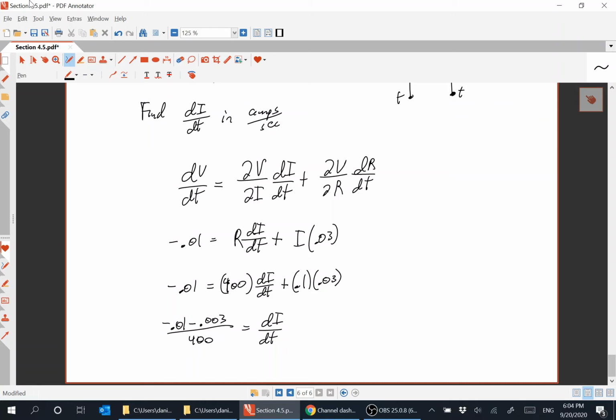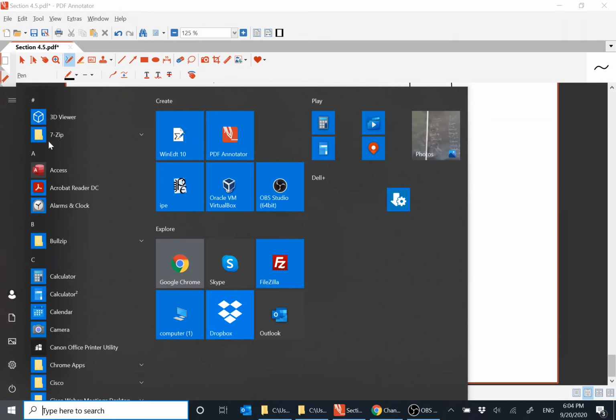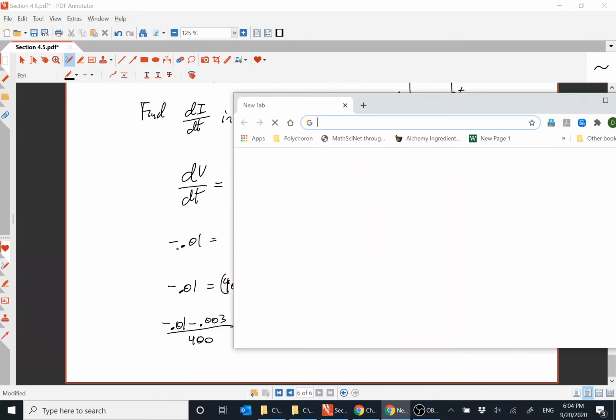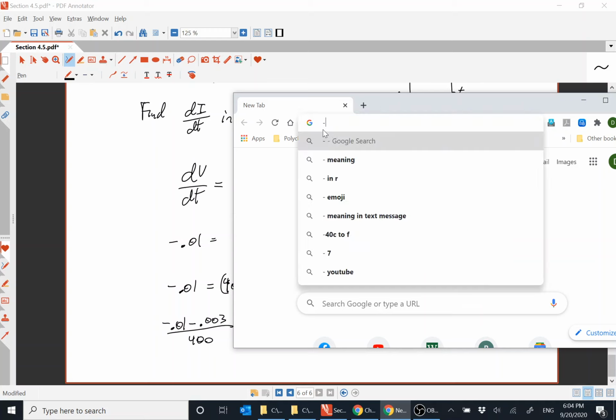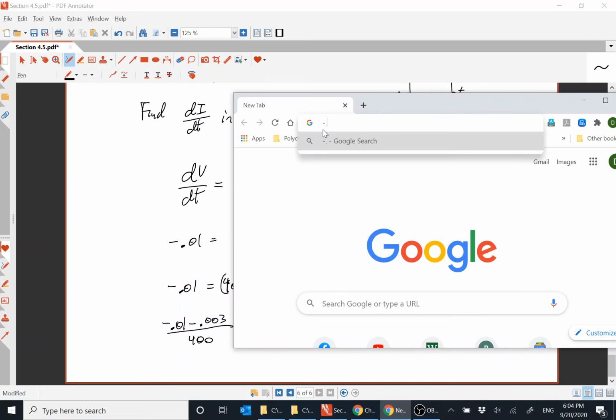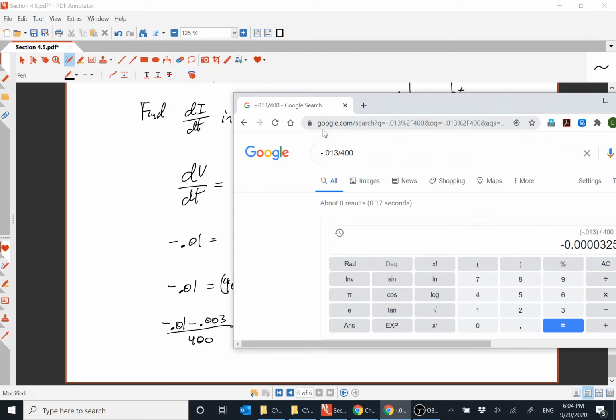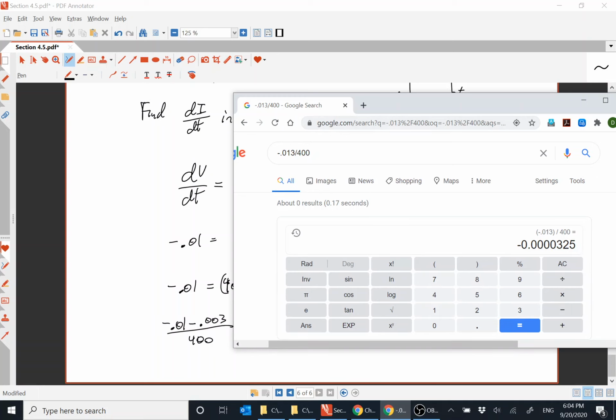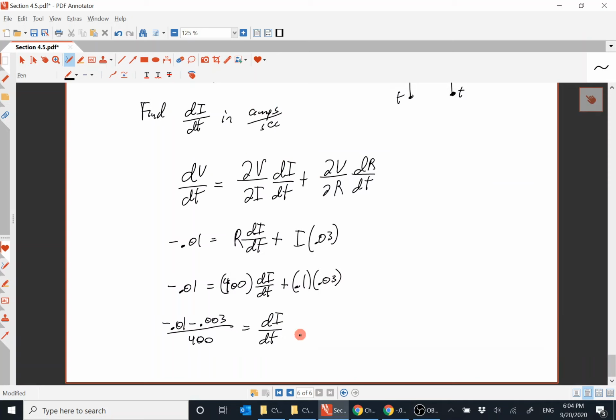And that is minus 0.013 divided by 400, which is minus 0.0000325 amps per second.